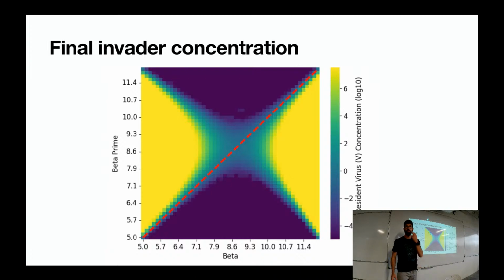Other questions? Okay. So in the last half an hour or less, I want to do something which generalizes this. The idea is that what we discovered in this case is that, in principle, this can be true for multiple traits. In this case you have beta, but you could have multiple ones.